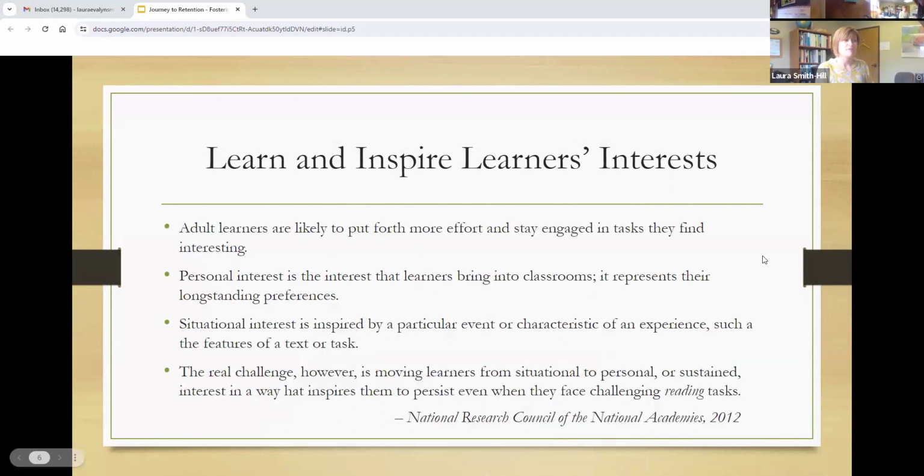Here is some of what the research says. So here's an opportunity for someone to be a reader for us on what the research says from the National Research Council of the National Academies in 2012.